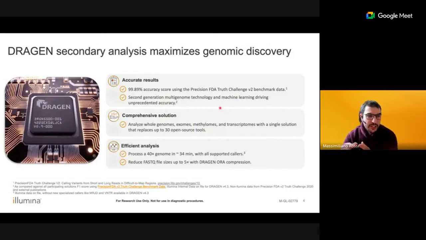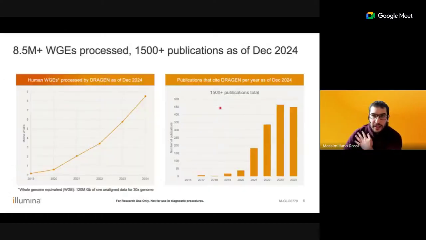And it is also efficient in the sense that it can reduce the memory footprint of the raw reads up to 5 times with the Dragon Aura compression. So it's again a really comprehensive suite, and it has been widely used over the years.